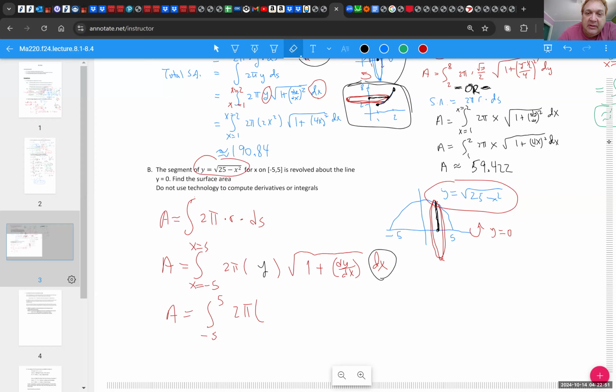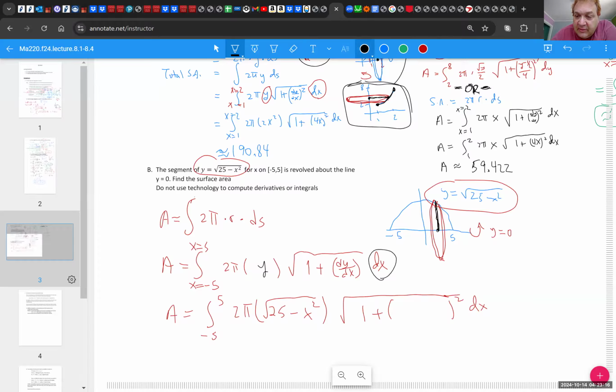So this is going to be 25 minus x squared square rooted. I guess I should write to the 1/2 power, but that's the same thing. And then I multiply by the square root of 1 plus the derivative squared dx. So I'm going to have to find out the derivative.